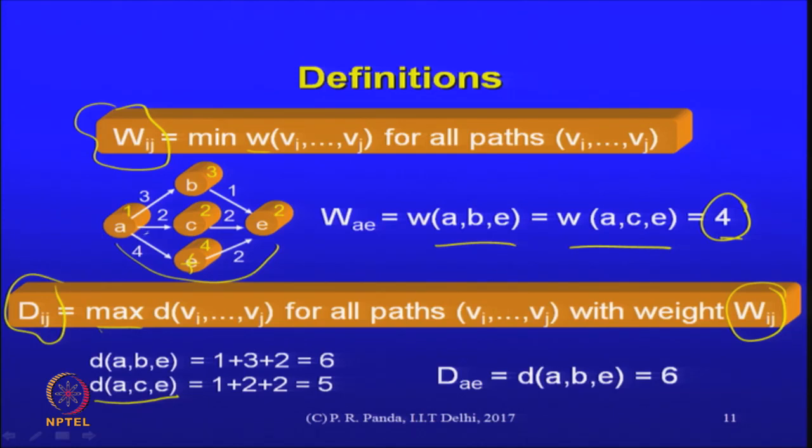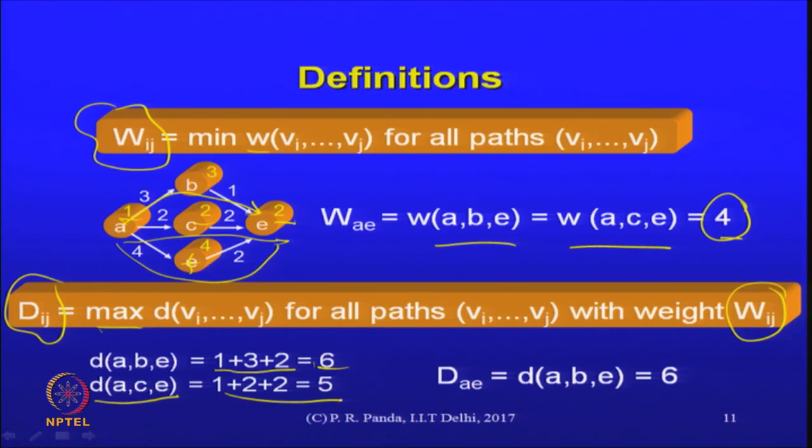For the ABE path, the sum of the delays is 1 plus 3 plus 2, these node weights are being added to give me the path delay, this we already defined actually. Similarly, for the ACE path, the path delay is 1 plus 2 plus 2, that is my 5. Okay.